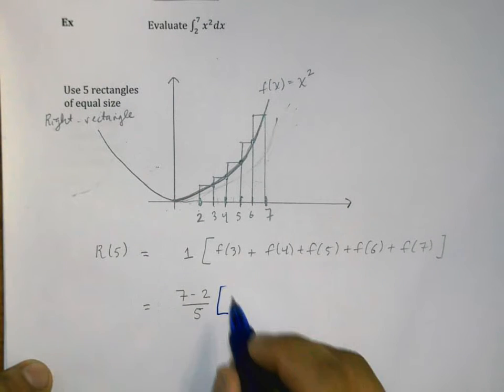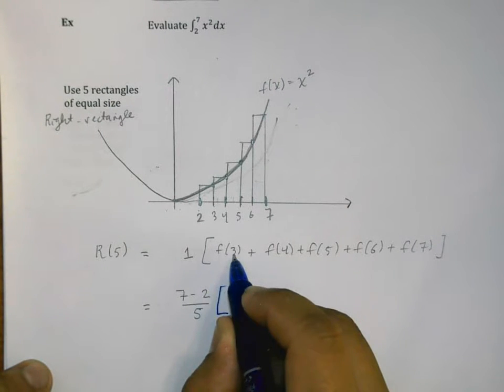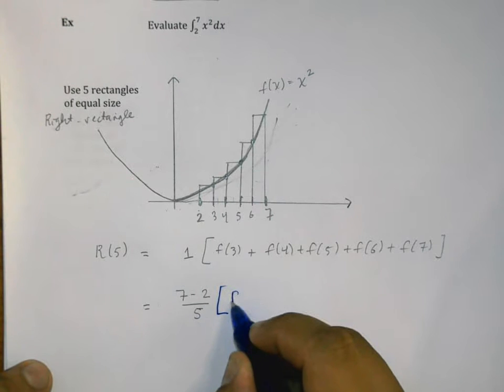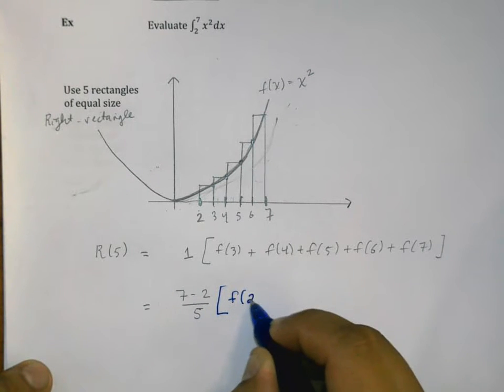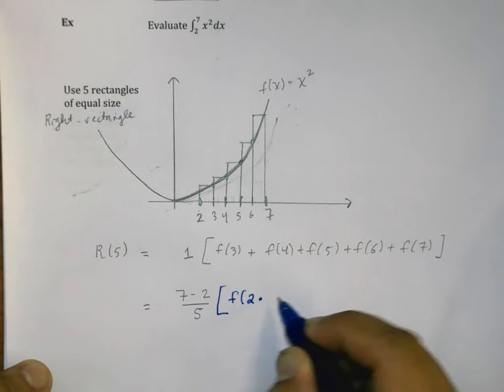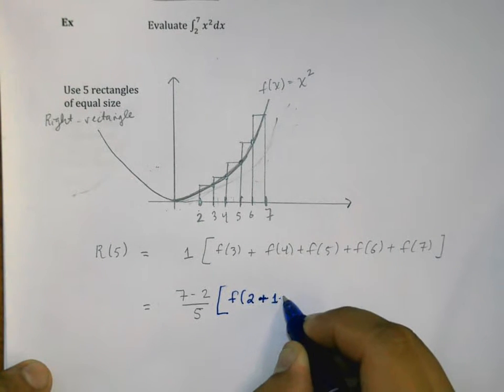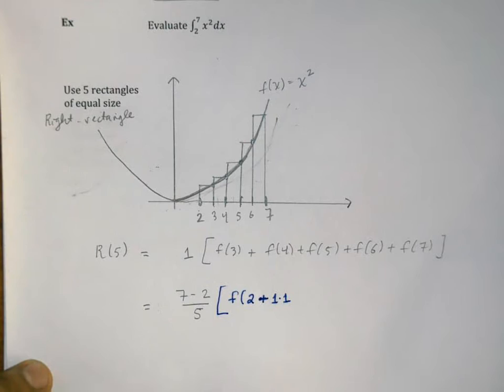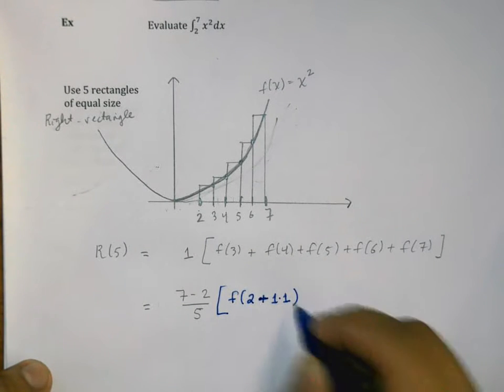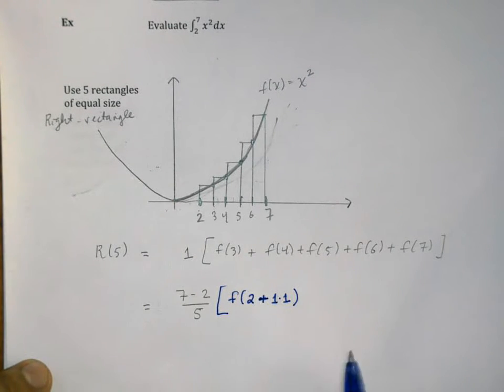And instead of writing f of 3, I'm going to write this as f of 2 times 2 plus 1 times 1. I know this is very strange to you, but I'll explain why I do this.